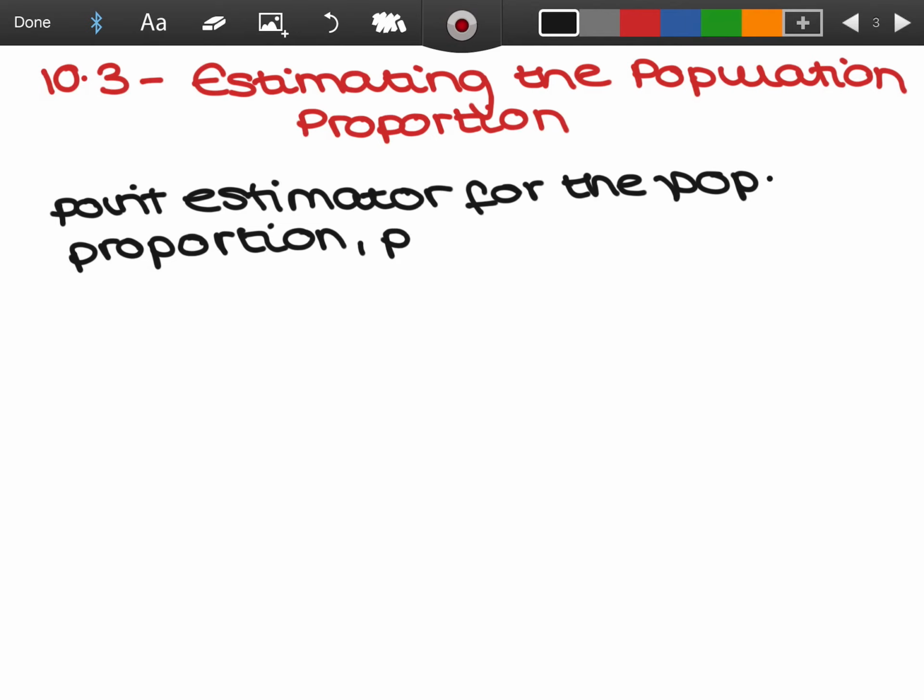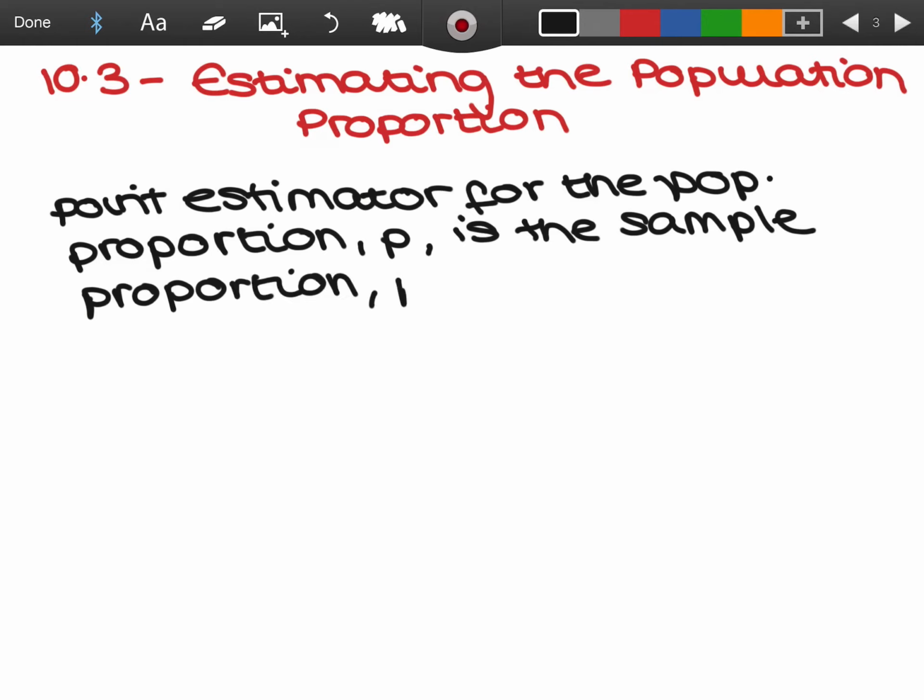And whatever proportion of people in my sample have that characteristic, I can use that as an estimate for how many people in my population will have that same characteristic. So a point estimator for the population proportion, P, is the sample proportion, P hat. We're going to use that again in a minute.